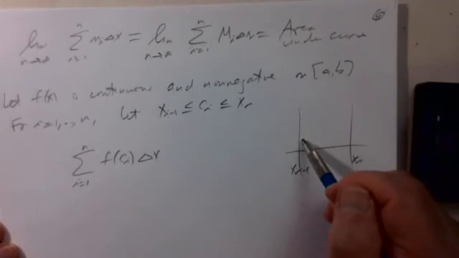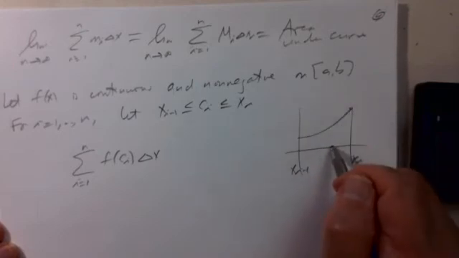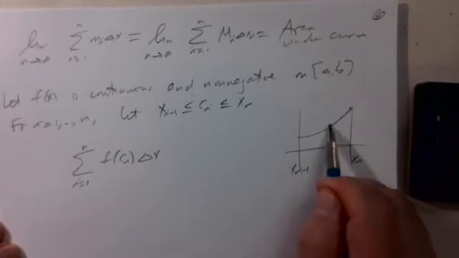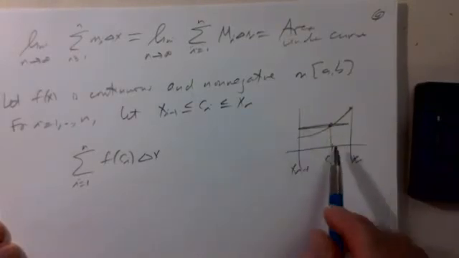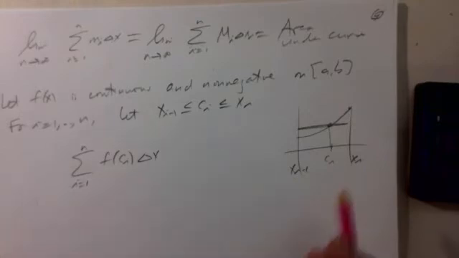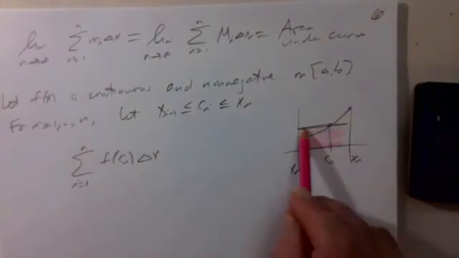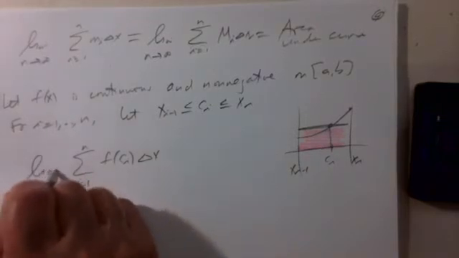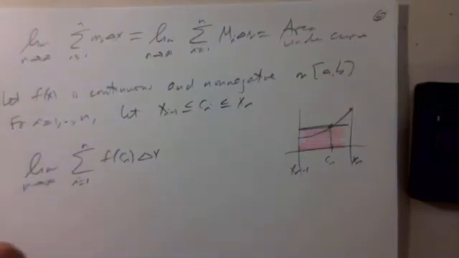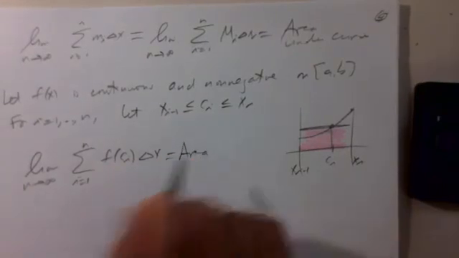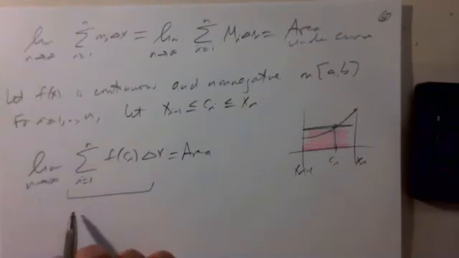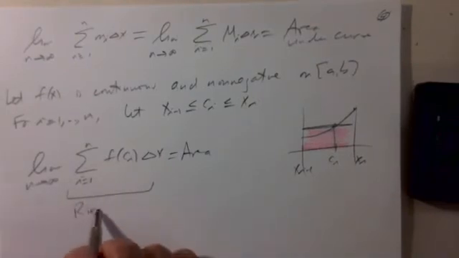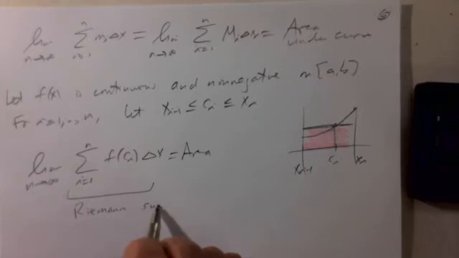Let's say our curve looks like that. We can choose any c_i between these two numbers and form the rectangle whose height is the value of the function at c sub i. So this is the area of this rectangle, and we add this up for all n. The limit of this, as n goes to infinity, exists, and this is equal to the area. And this kind of sum is not an upper Riemann sum or a lower Riemann sum, it's just a general Riemann sum. This is what is called a Riemann sum.